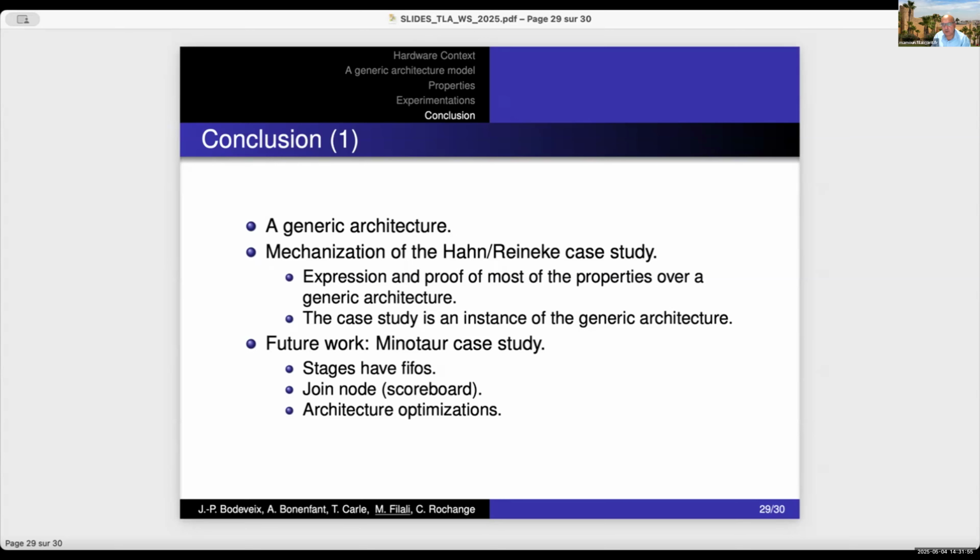We have join nodes, and so we must consider the scoreboard mechanism in hardware. And also in Minotaur, we have some architectural optimizations that we will have to validate.